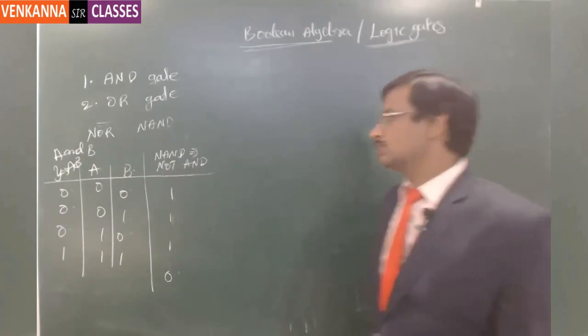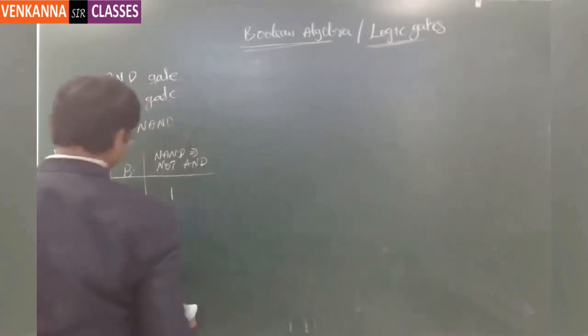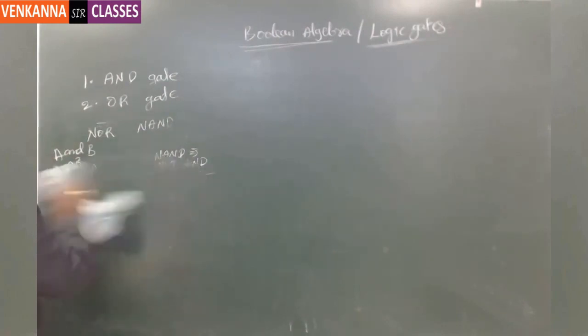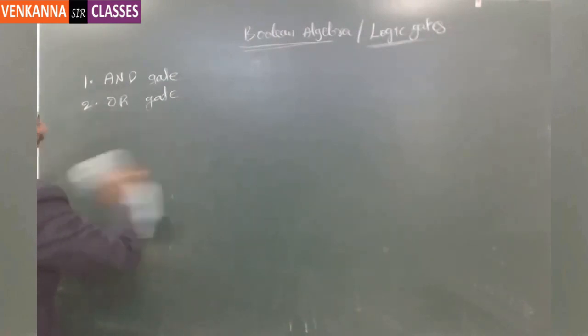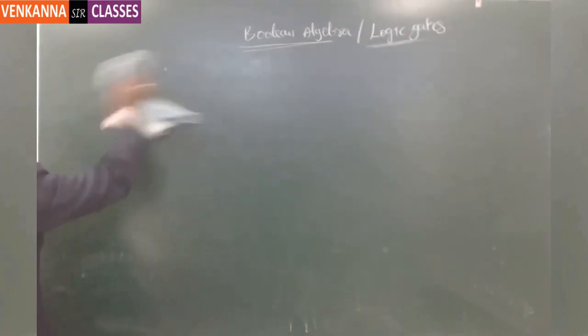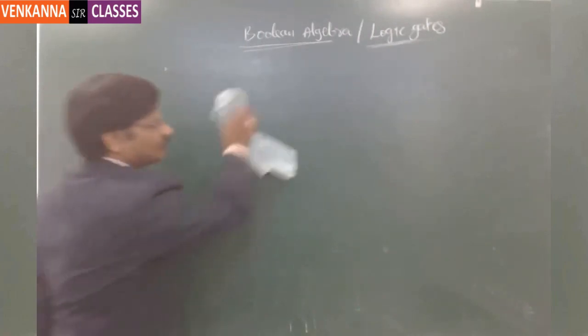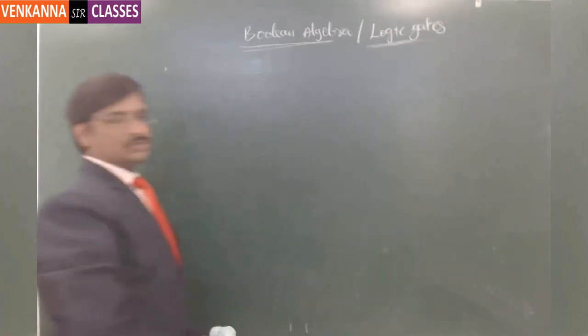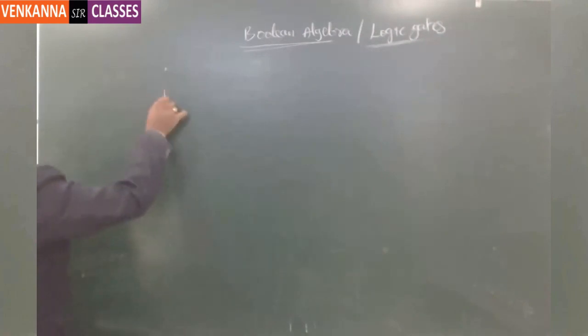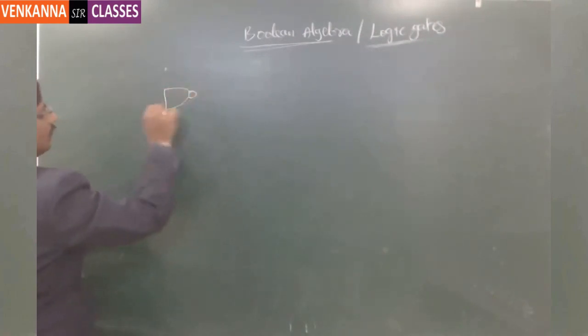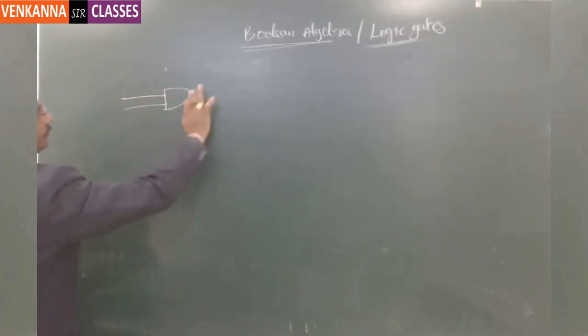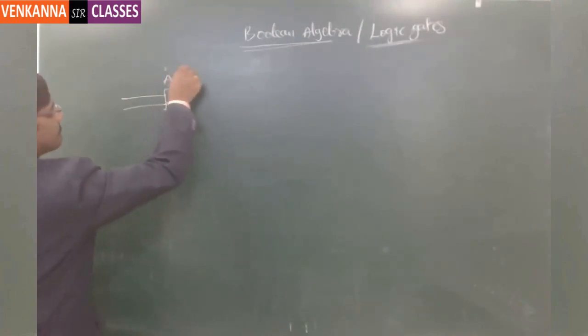Got it? So these are the basic gates, or the fundamental gates we can call. These are the truth tables of those fundamental gates. Now I'll give you one more thing: the symbols first. This is the AND gate.